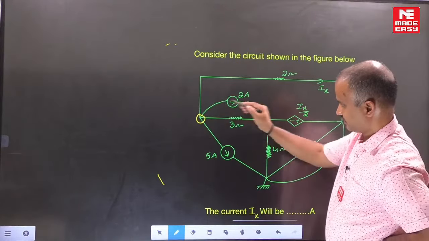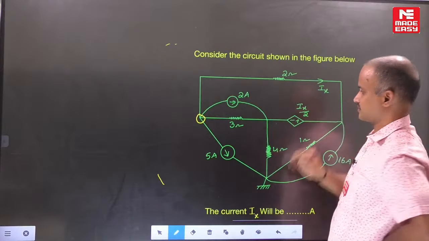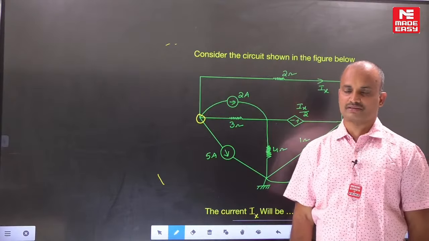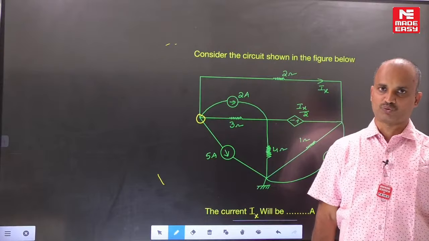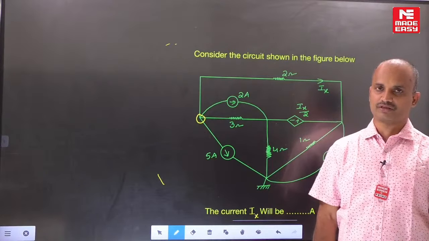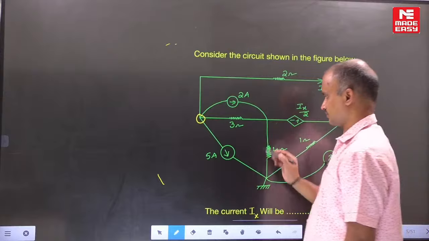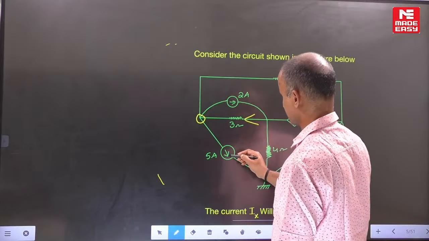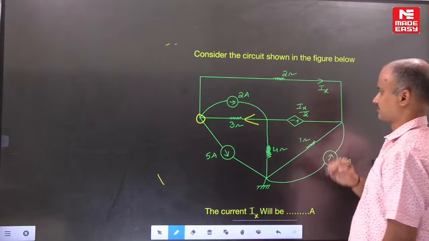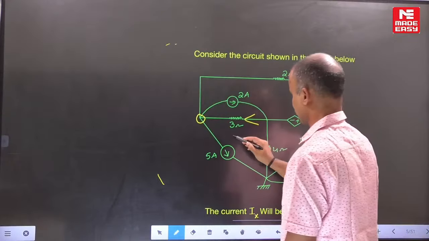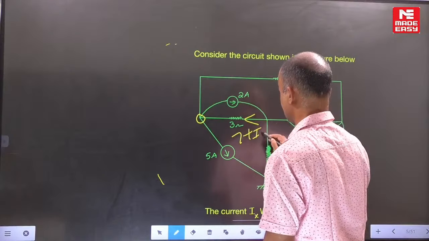What KCL says is that the sum of incoming currents should be equal to the sum of outgoing currents. Here the outgoing current is 5 plus 2, 7, plus this Ix. So we can write 7 plus Ix.